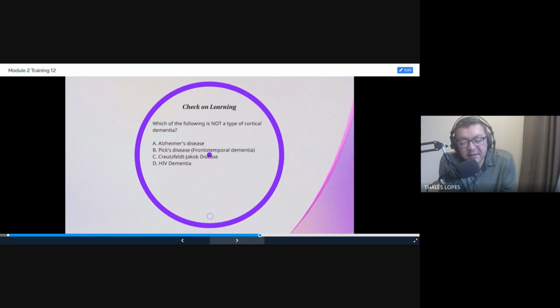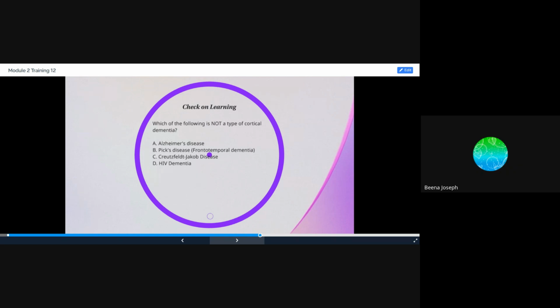May I please have someone read and answer this question? Which of the following is not a type of cortical dementia? A. Alzheimer's disease. B. Pick's disease, frontotemporal dementia. C. Creutzfeldt-Jakob disease. D. HIV dementia.